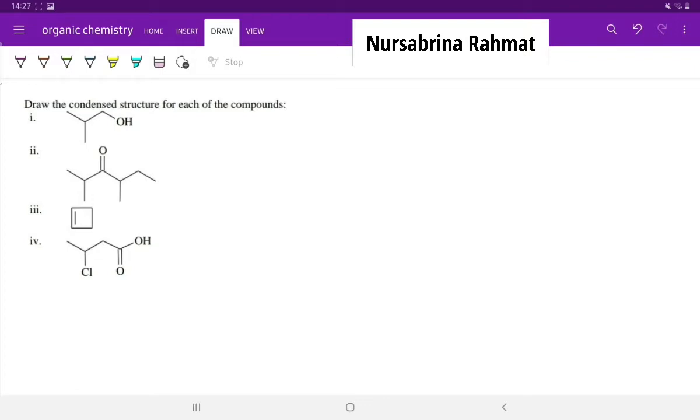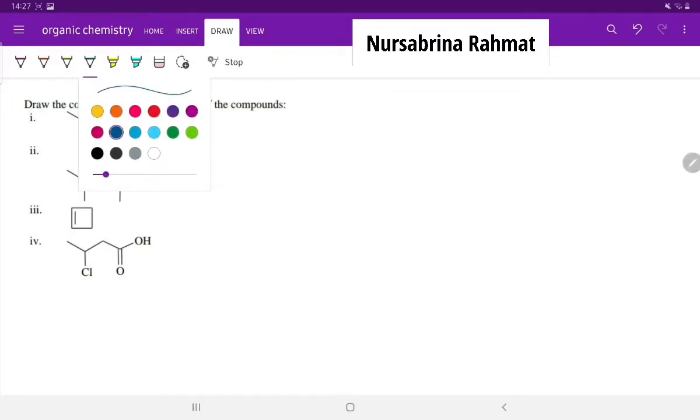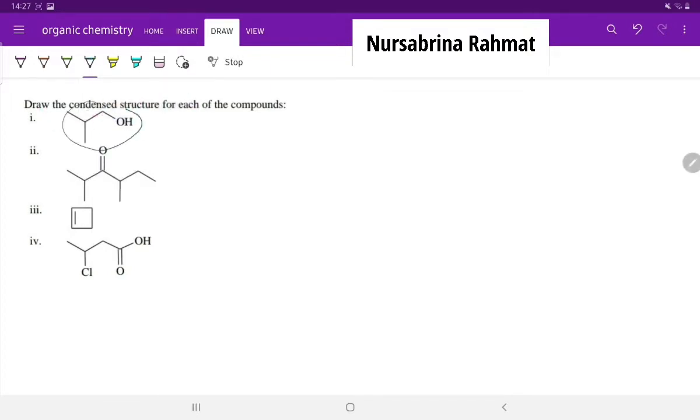So let's go through these first questions. Question number 1 here. You were given a skeletal structure. If you see only the picture of a bone and special kinds of functional group, that means it is a skeletal structure.